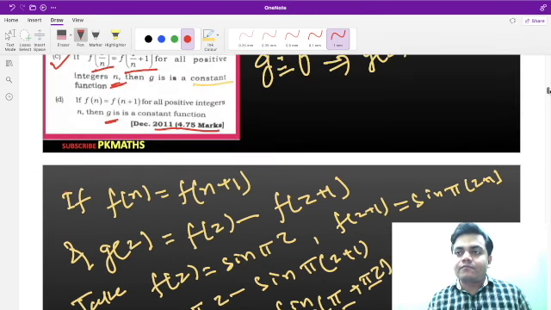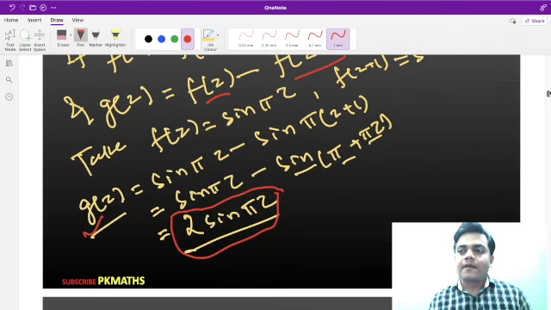So you can see F of n is equal to F of n plus 1 for all integers n, then G is a constant function. Then I would like to say that no, it's not true. Because if you take F of Z is equal to F of Z plus 1, however, we have seen a G over here.